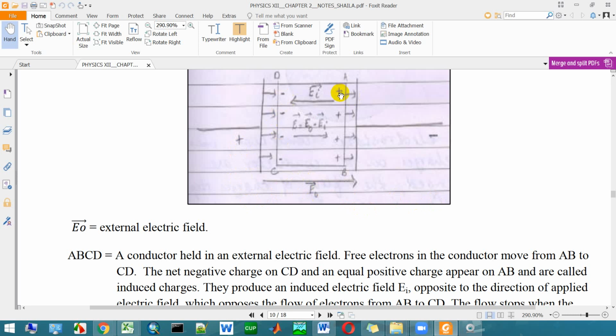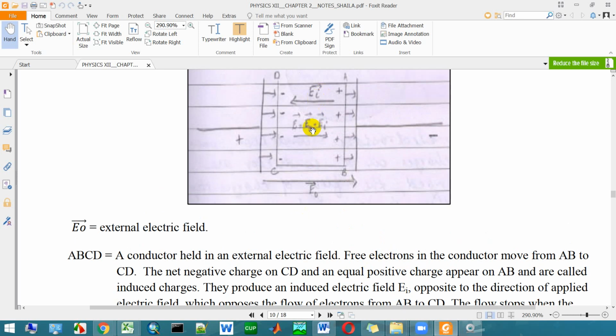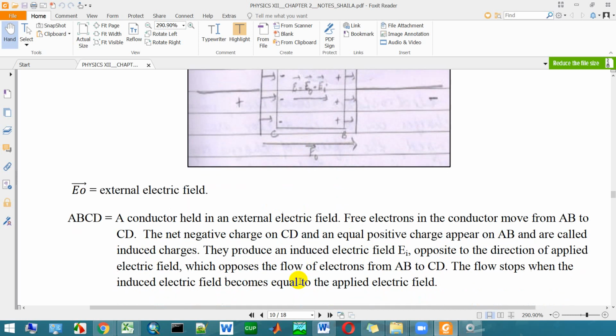The induced electric field is opposite to the direction of the applied electric field, which opposes the flow of electrons from AB to CD. The flow stops when the induced electric field becomes equal to the applied electric field.